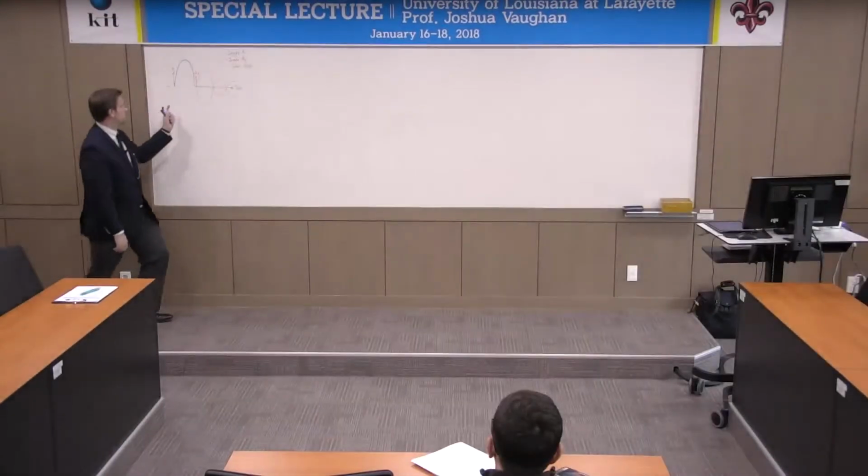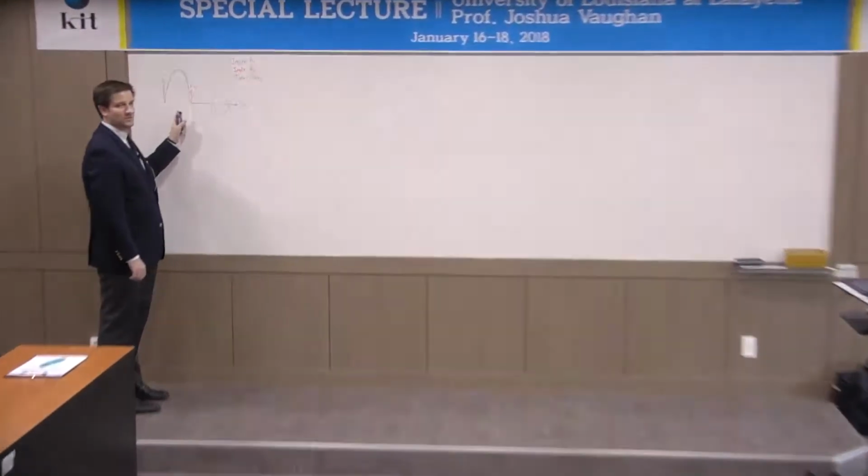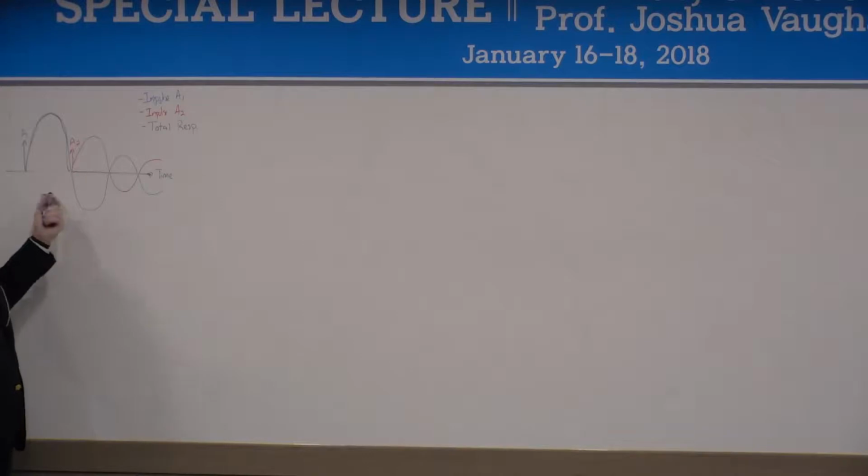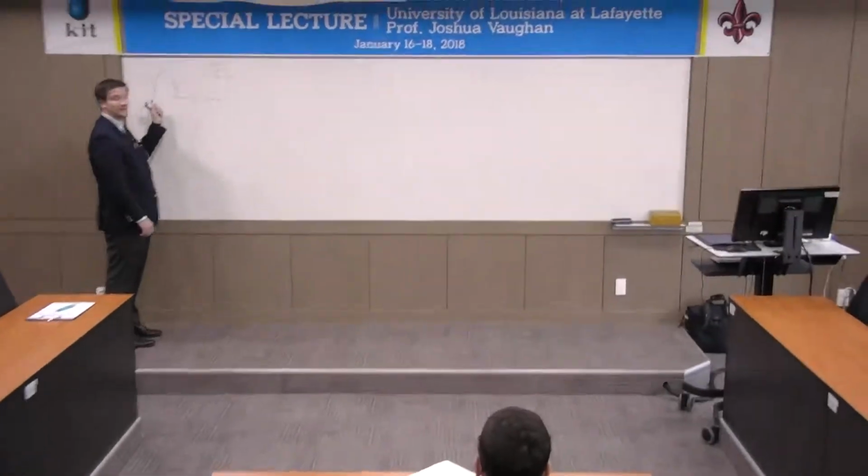If my system changes in some way between A1 and A2 during this time, will this work? No. Right? If my system happened to respond differently to A2 than it did to A1, will this work? No.